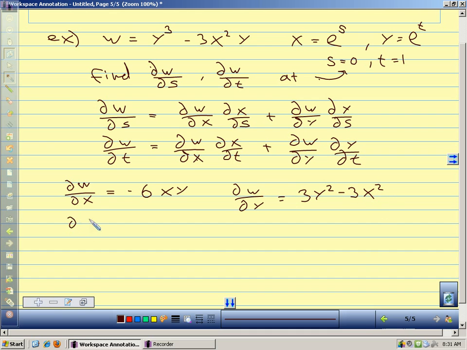dx/ds is just going to be e to the s, and dx/dt is going to be 0, and dy/ds equals 0. dy/dt is just e to the t. So now we can plug in and get all of our derivatives.